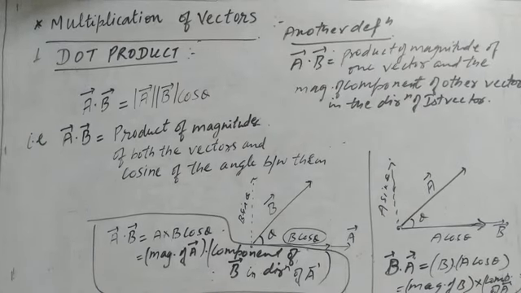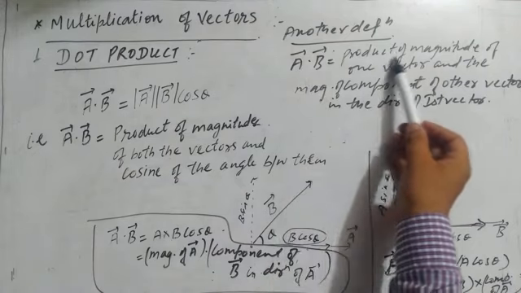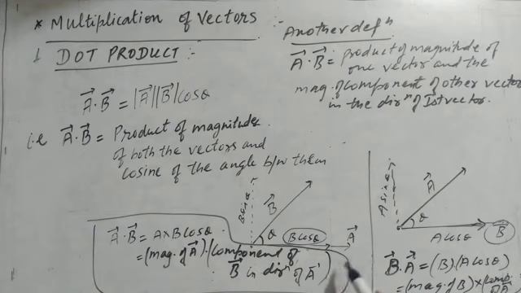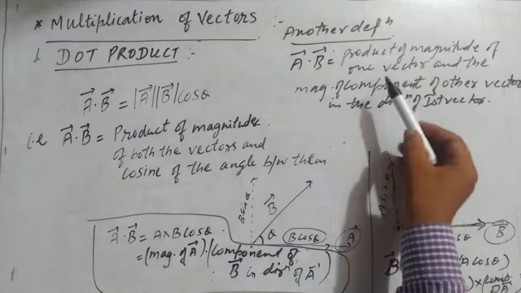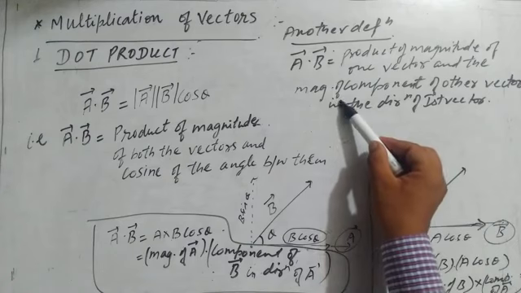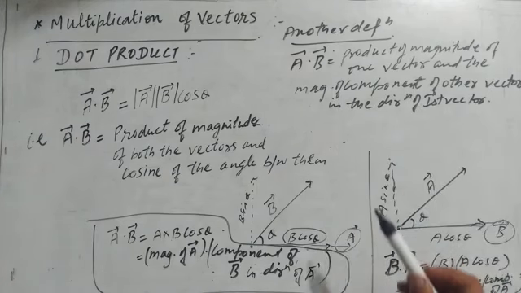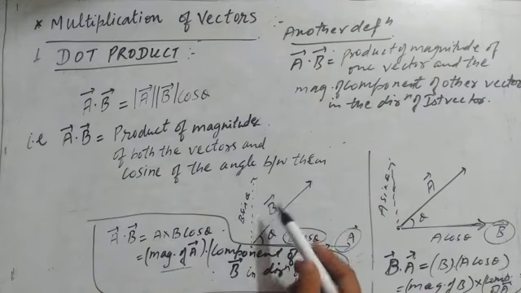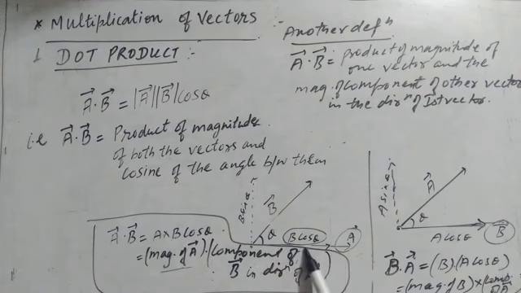Hence, another definition of dot product is it is the product of magnitude of one vector, either it is A vector or B vector, and the magnitude of component of other vector in the direction of the first vector. So if we take A as first vector, then magnitude of A vector into the component of the other one, B, so the component of B in the direction of A, and in the direction of A the component of B is B cos theta.